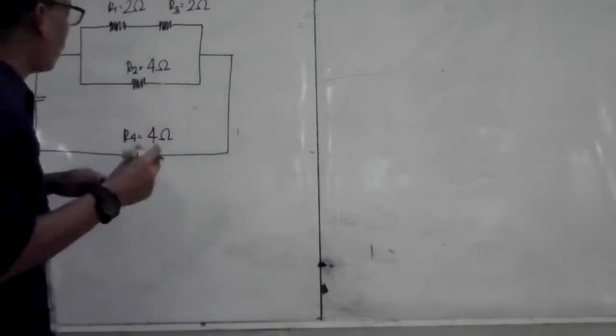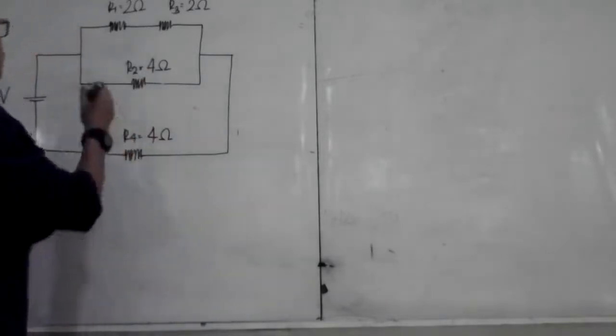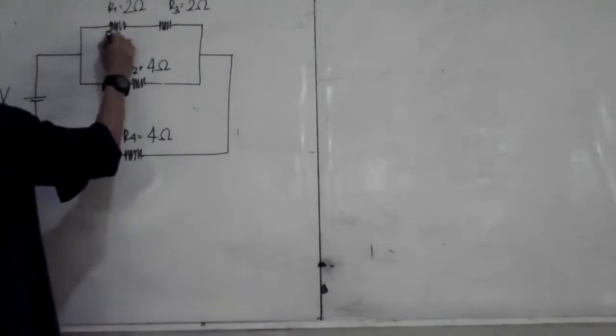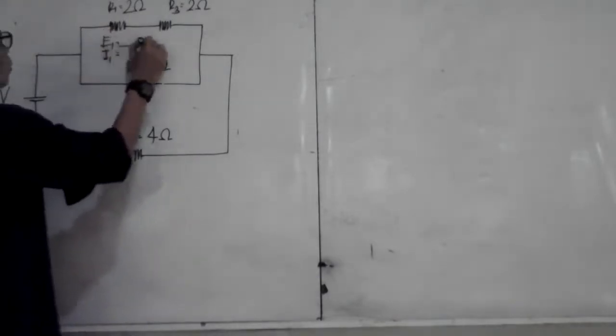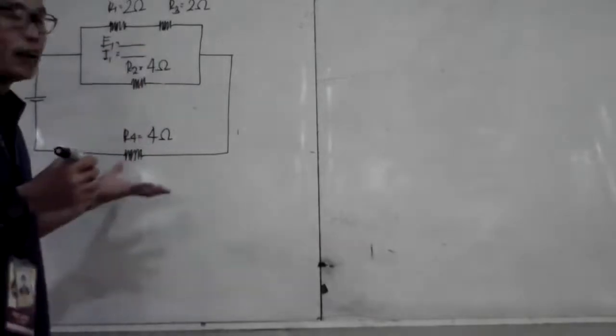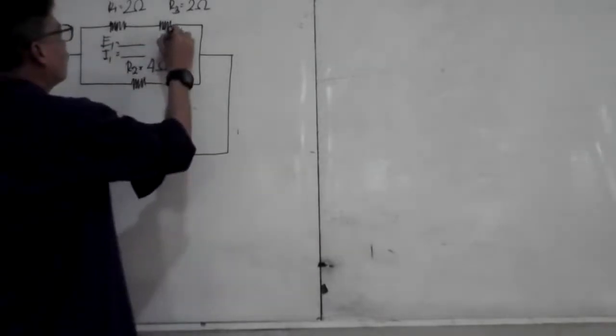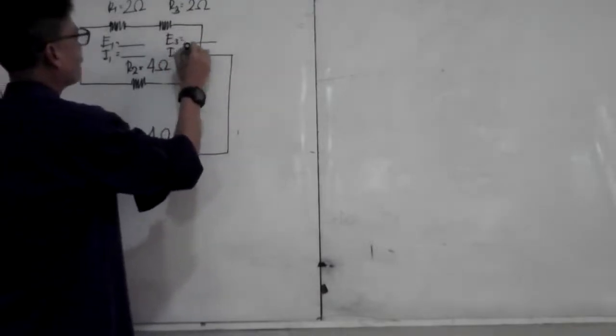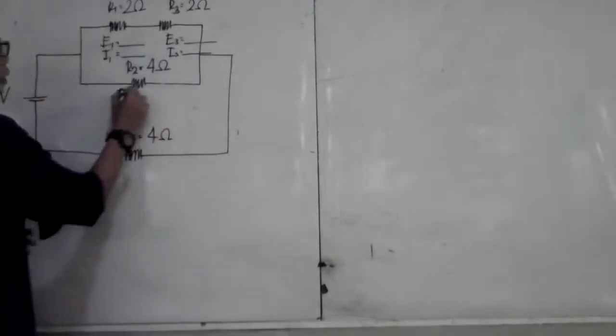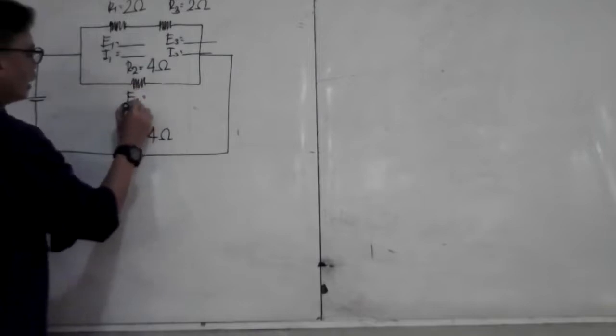Now, ano bang mawawala sa problem natin? So, wala tayong value ng voltage dito at ng current dito. So, wala tayong E1 and I1. We don't have the value for E3 and I3. For E2 and I2.